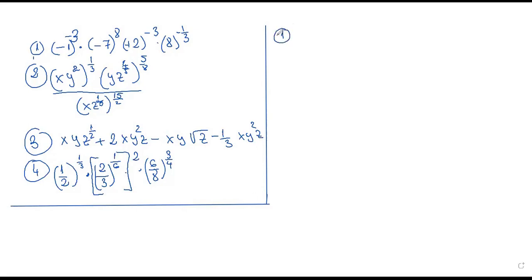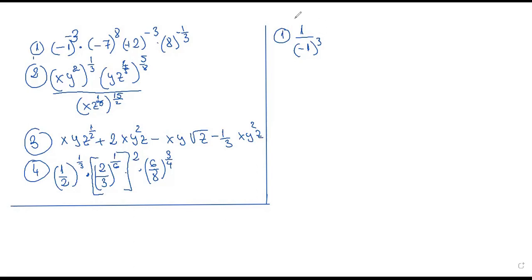Okay, so. Do you want to dictate? Yes, I think I can figure this one out. So minus 1 to the power of minus 3 would be 1 over minus 1 to the 3, which is 1 over, well, we can just figure that out in the next step.